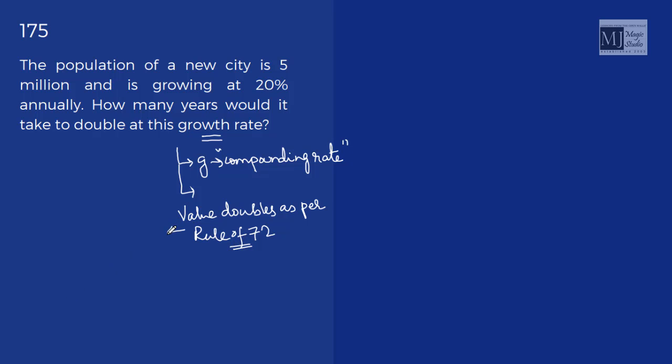Rule of 72 says, if we know the compounding rate, then the time taken to double the value would be 72 by G years. If we know the compounding rate, then the value will double itself in 72 by G years.